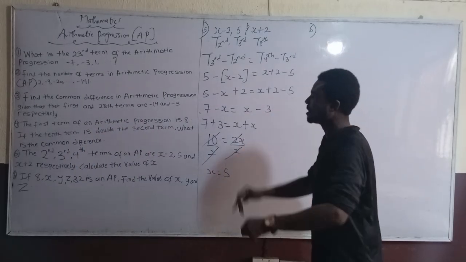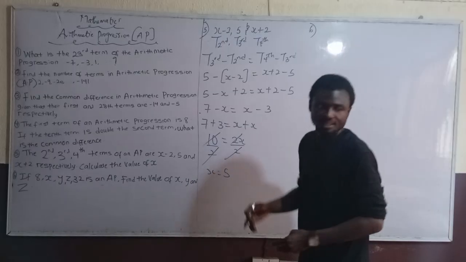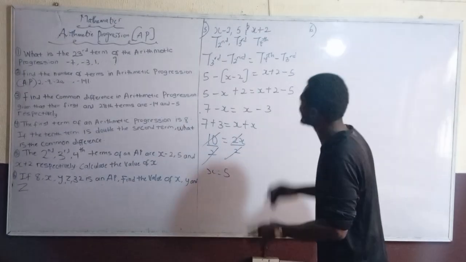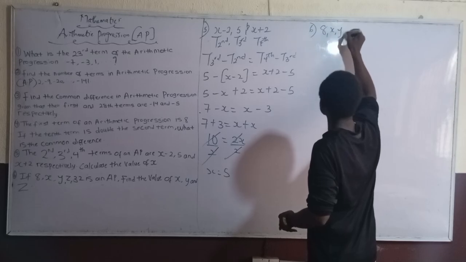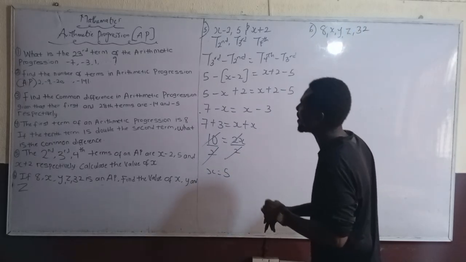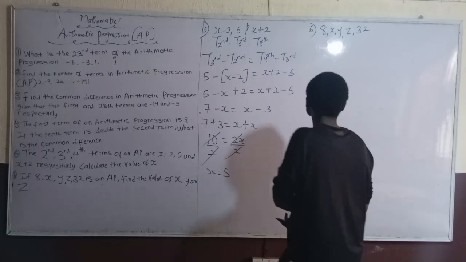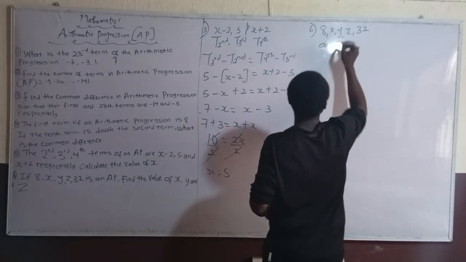Number 6. If 8, x, y, z, and 32 is an AP, find the value of x, y, z. Now for this, I know that my A is 8, the first term.